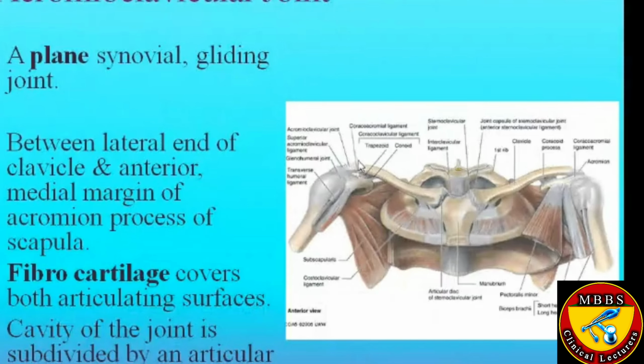There is also a fibrocartilage which covers the articulating surface of the joint. This also bears a synovial cavity, which is subdivided by an articular cartilage which has perforations in it.